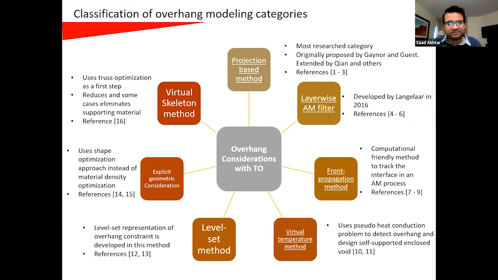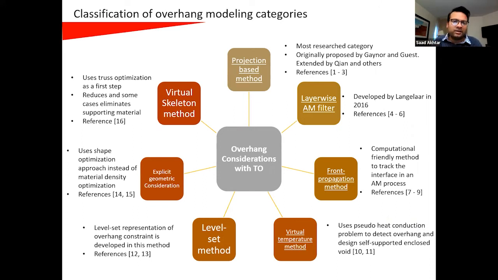Let's start anticlockwise from the virtual skeleton method. The virtual skeleton method basically uses the truss optimization approach as a first step. It's not an explicit incorporation of the overhang constraints, but rather it reduces, and in some cases eliminates, the support material. So it doesn't 100% reduce the use of support material.